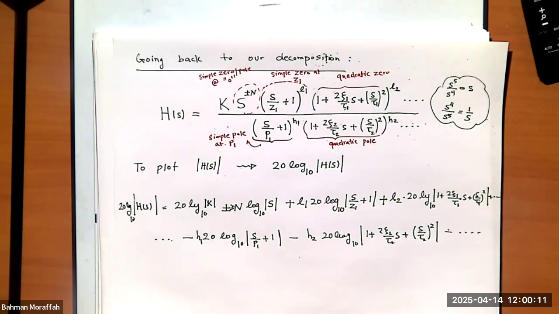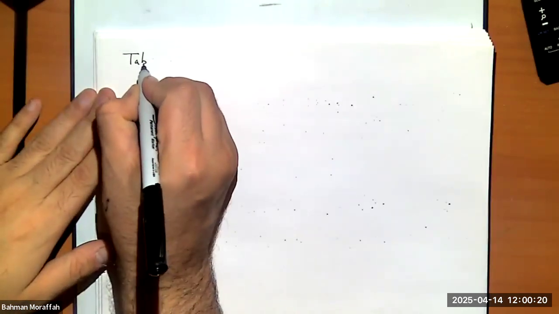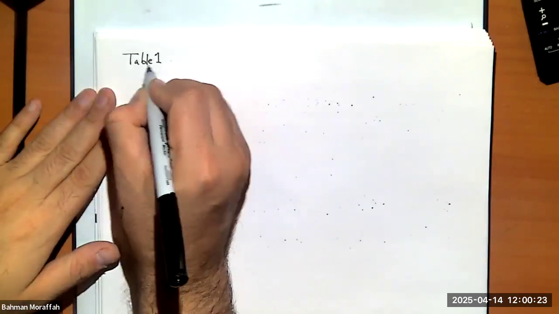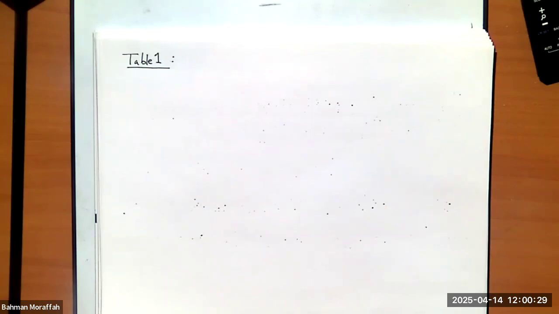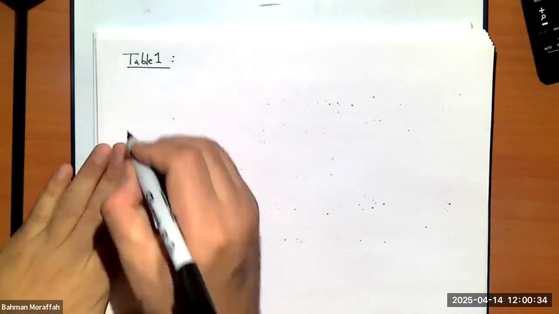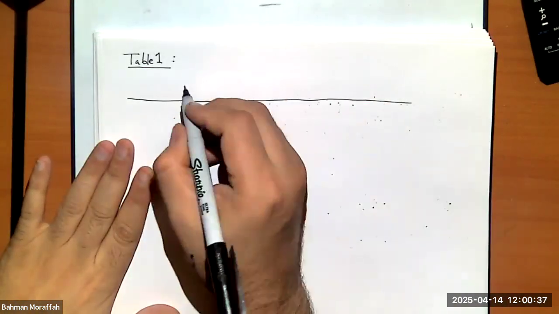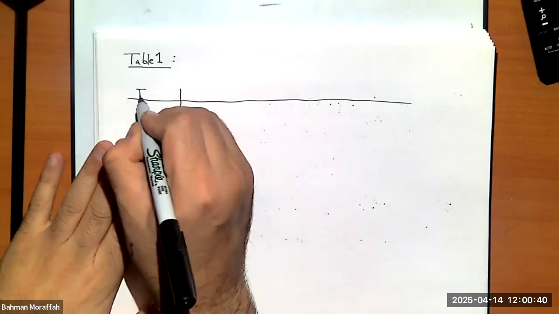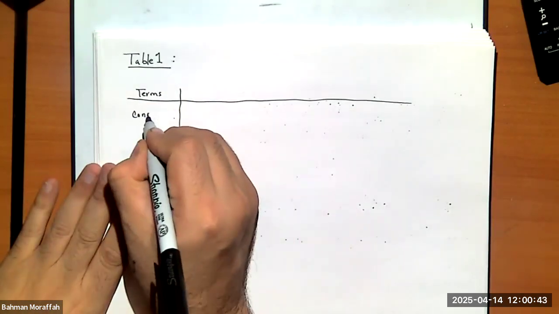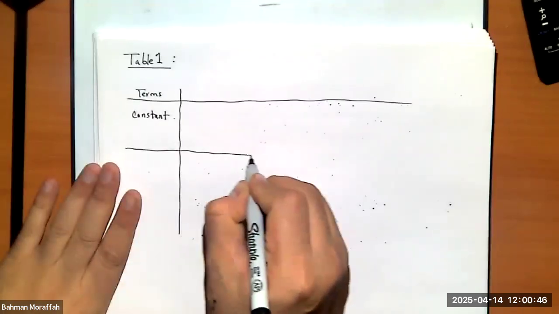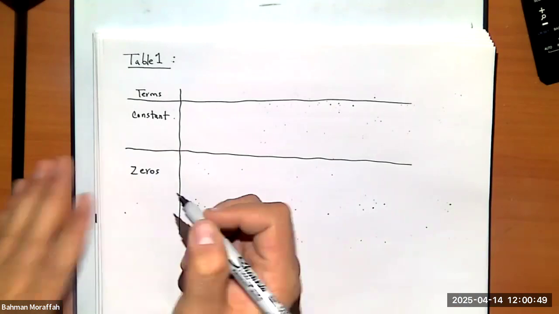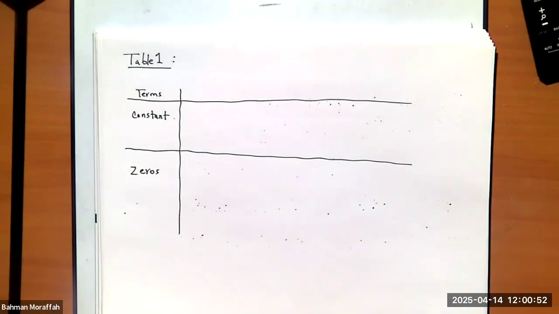But to quickly give you an idea of what's happening, I'm going to call this table 1, which is going to be next lecture. I'm going to tell you exactly how we can plot every single individual term that we have. Now, let's just say I have three different terms: constant terms, and zeros. It doesn't matter if it's a simple zero or a quadratic zero.